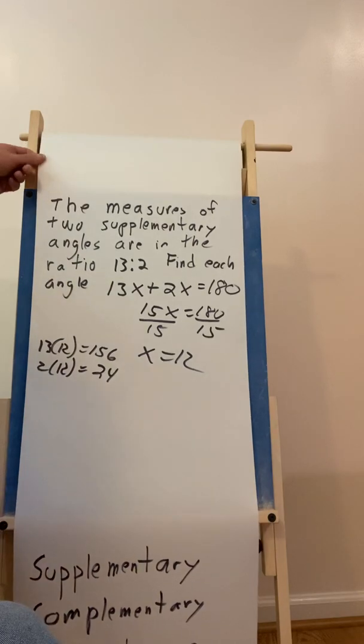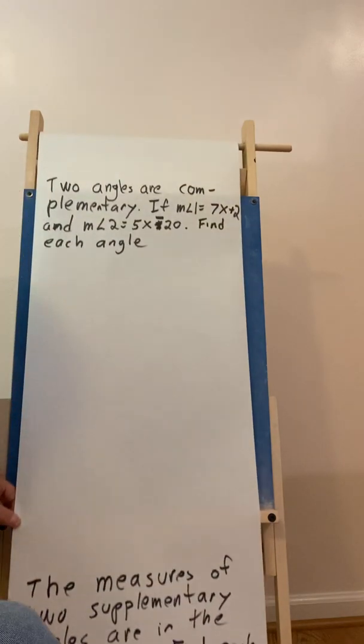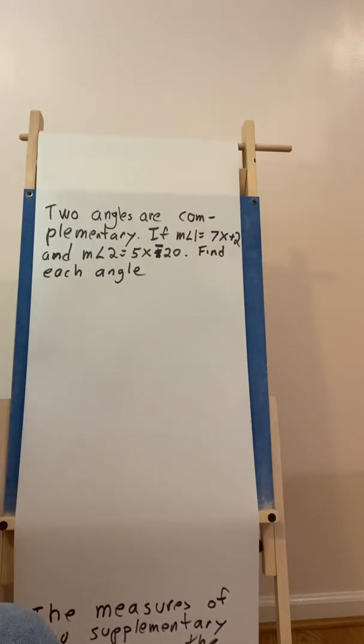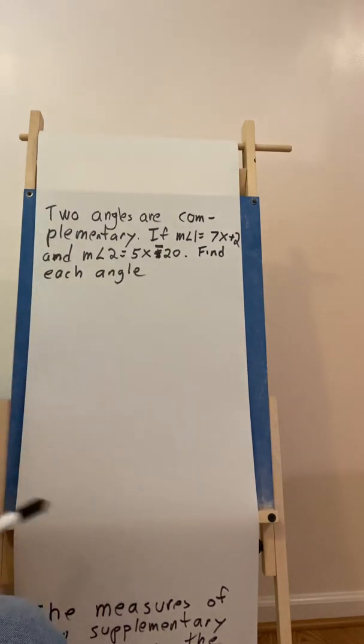All right, let's look at one more. Two angles are complementary. Well, that tells us that the sum is going to be 90. If the measure of angle 1 equals 7x plus 2, and the measure of angle 2 equals 5x minus 20, find each angle. Sorry for that little scribble and smudge.